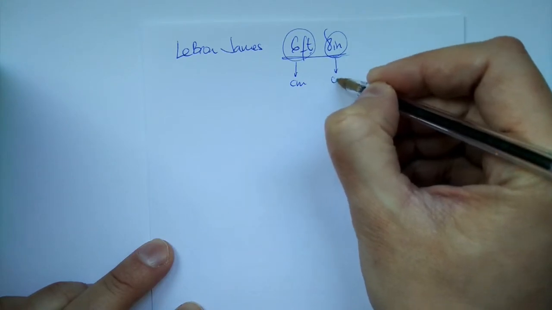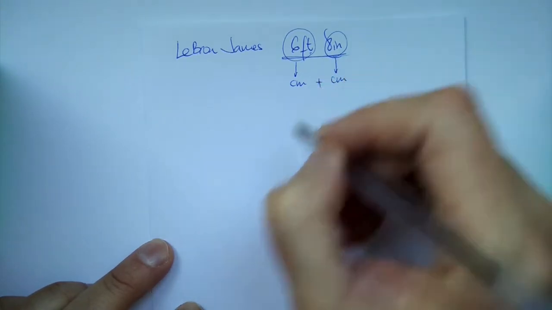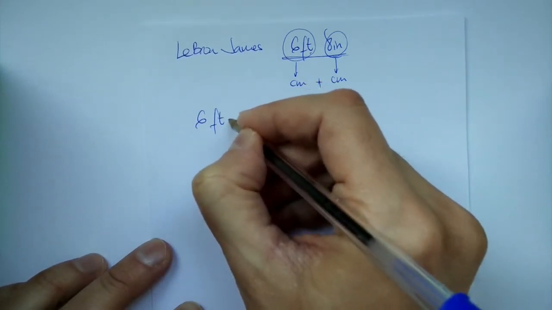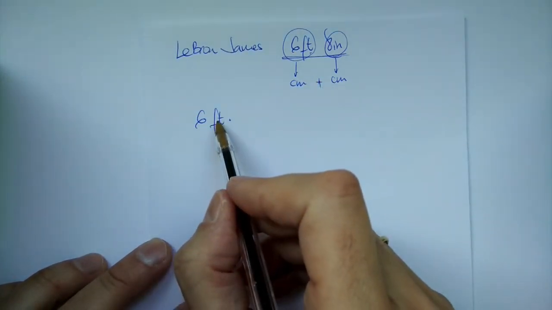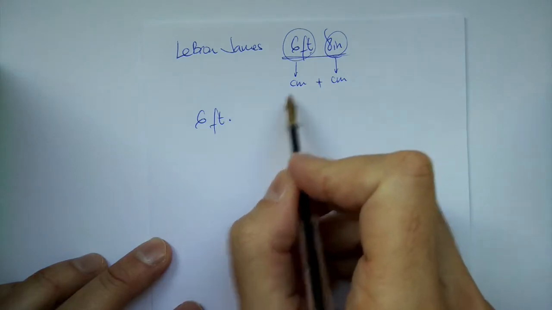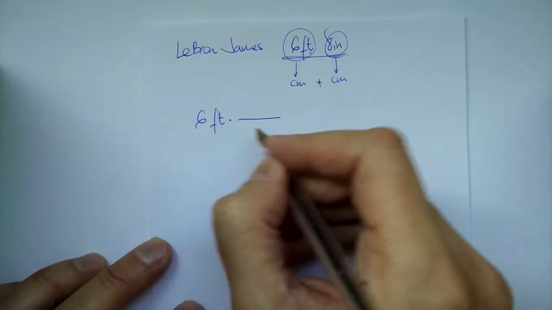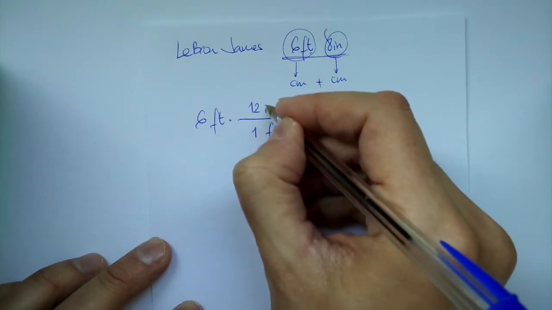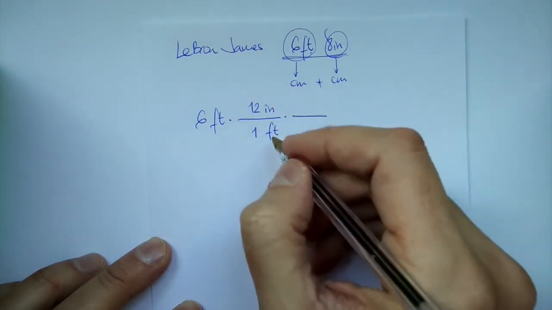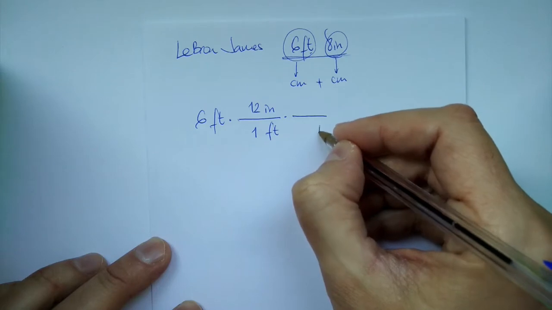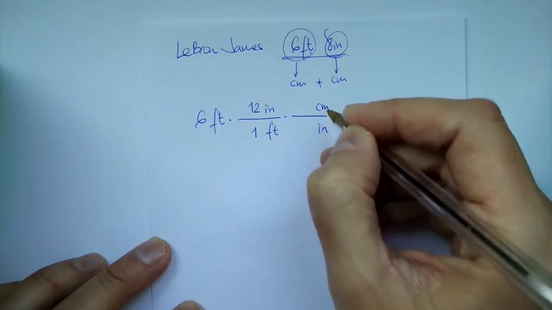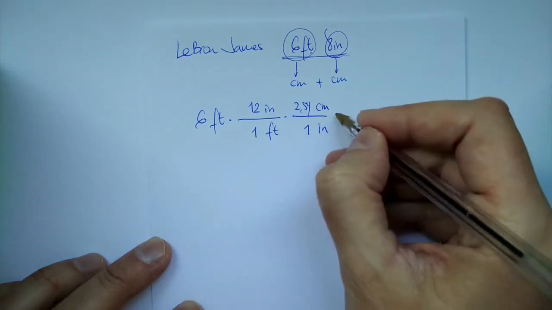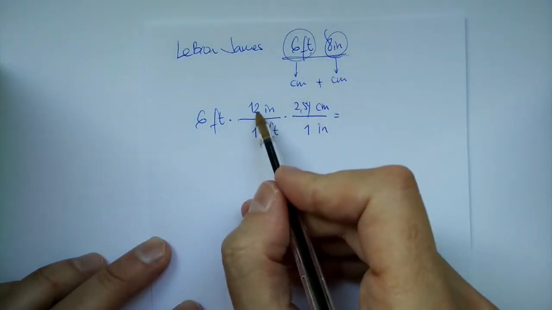Now, I don't know the equivalency of feet to centimeters, but I do know that 1 foot is 12 inches, and I know 1 inch is 2.54 centimeters, so I can convert from feet to centimeters. So 6 feet, put 1 foot in the bottom. 1 foot is 12 inches, and then you have 2.54 centimeters is 1 inch.